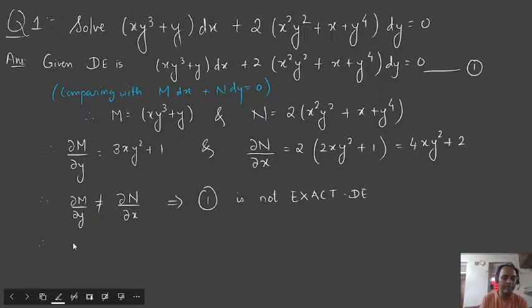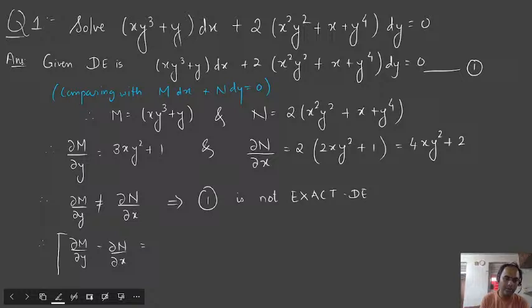So therefore we first consider the partial of M with respect to y minus the partial of N with respect to x. You get this quantity first confirmed.